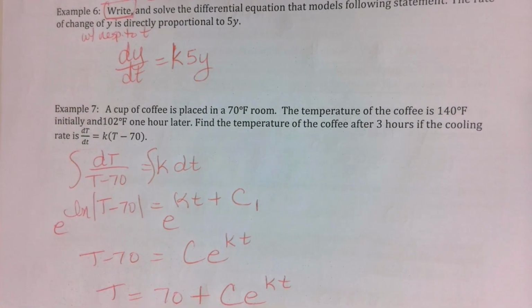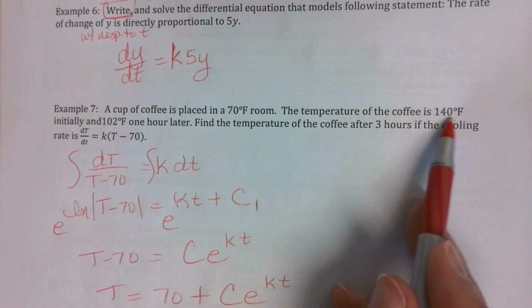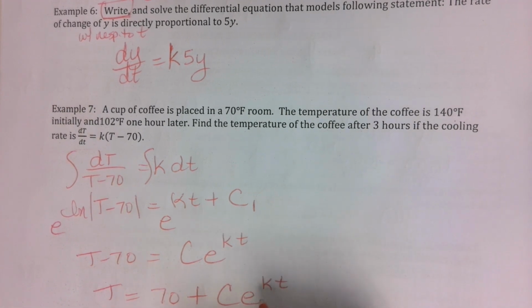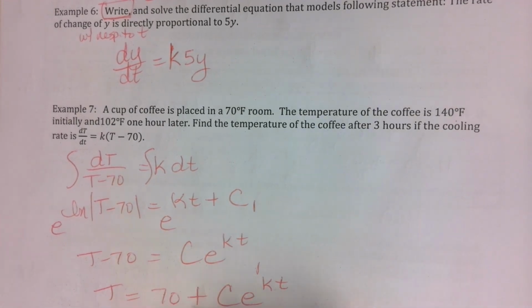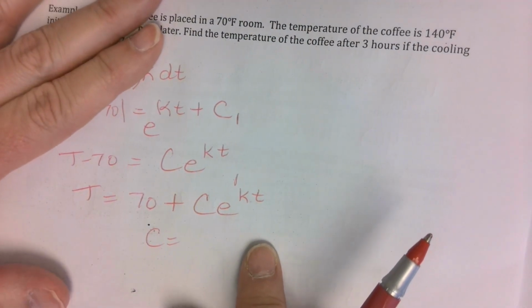A cup of coffee is placed into a 70-degree room. The temperature is 140 initially. Okay. So if initially it's 140 at time 0, what's the C going to be then? 70 plus C times 1 equals 140.